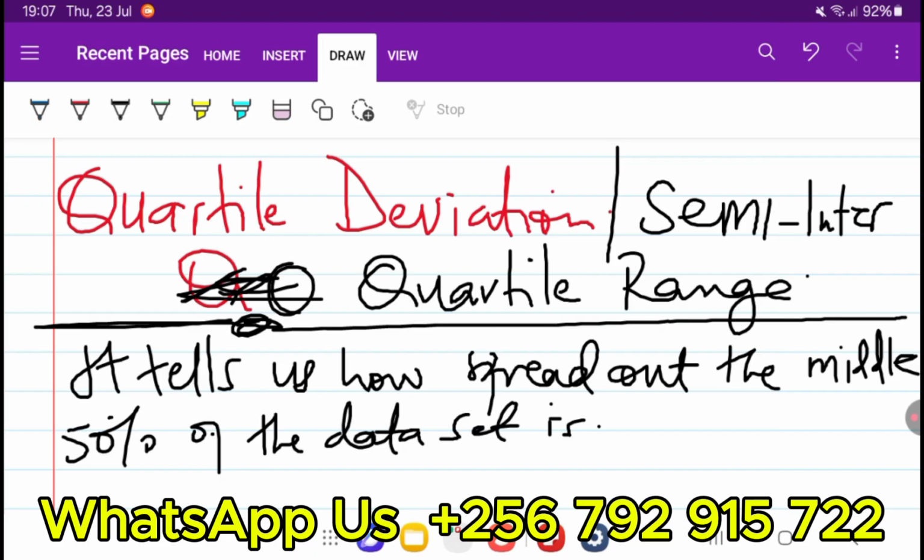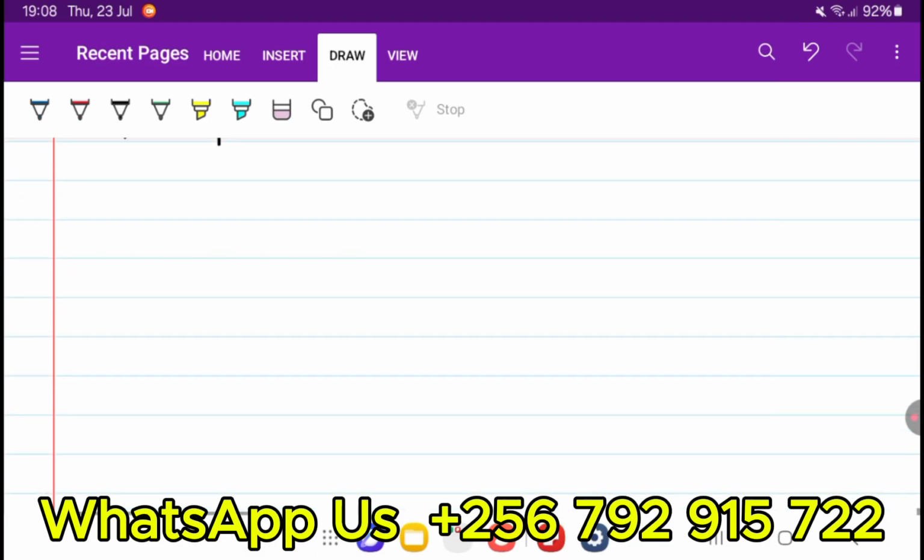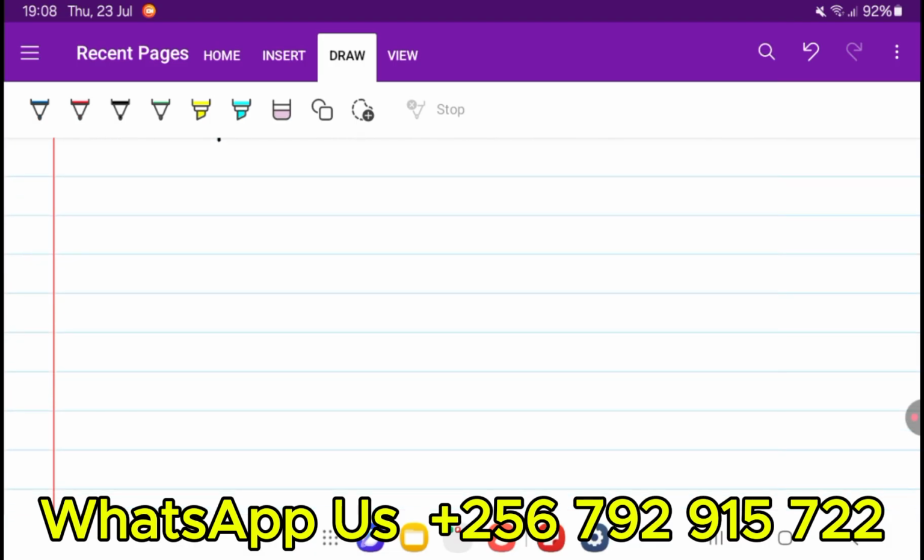So this kind of arrangement is not going to be affected by the outliers, both the lowest extreme value and the highest extreme value.